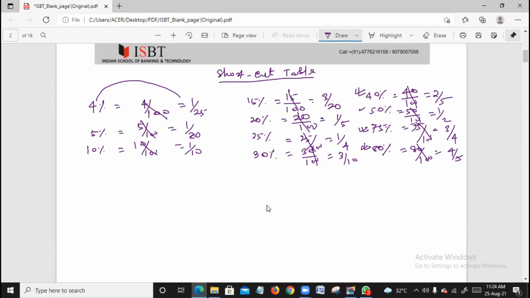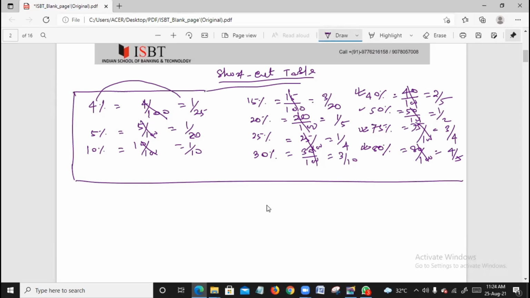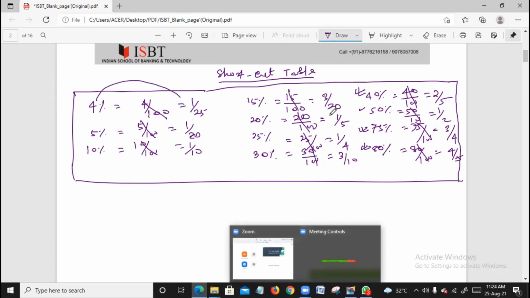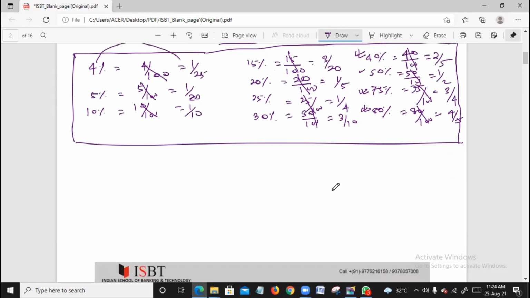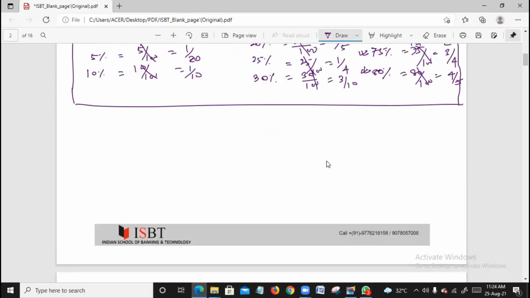Now we remember these things. If you remember these things, it will be easier to calculate when you face the problem. Now we start the questions.